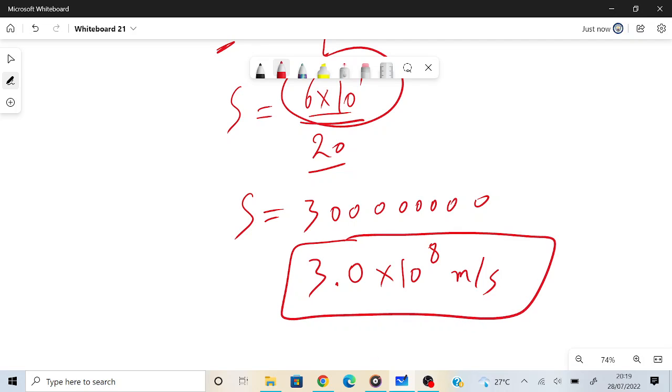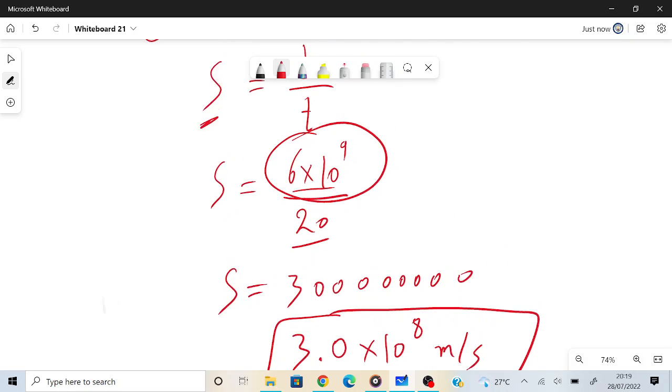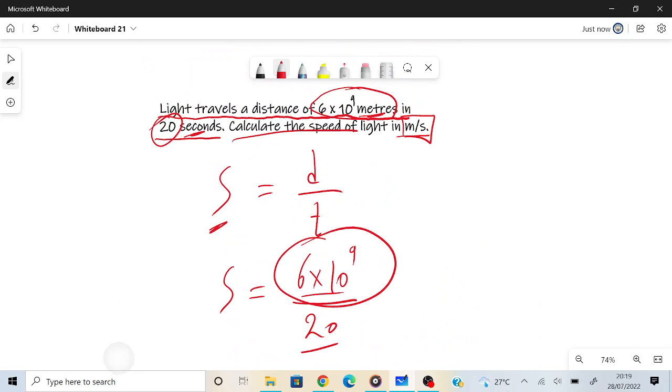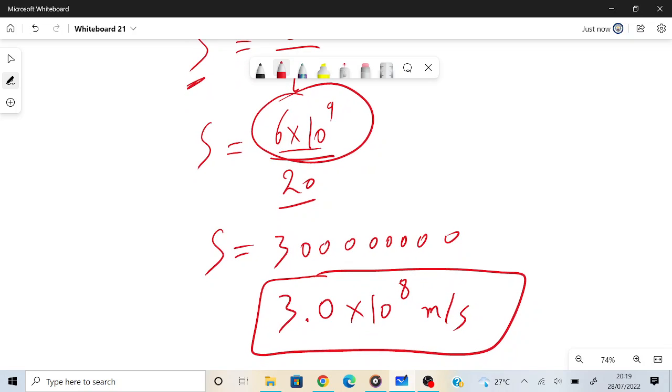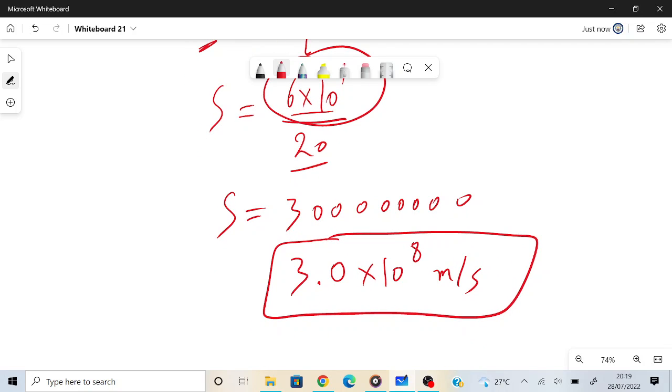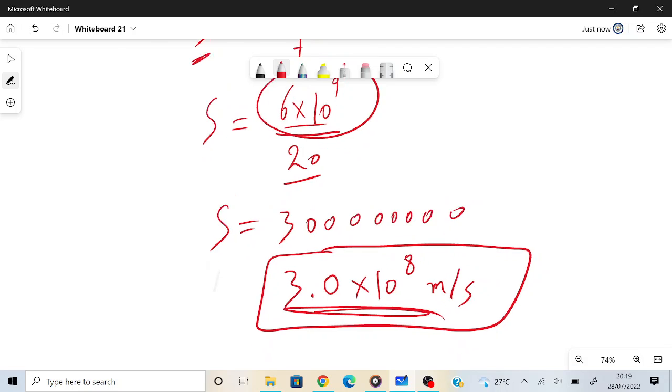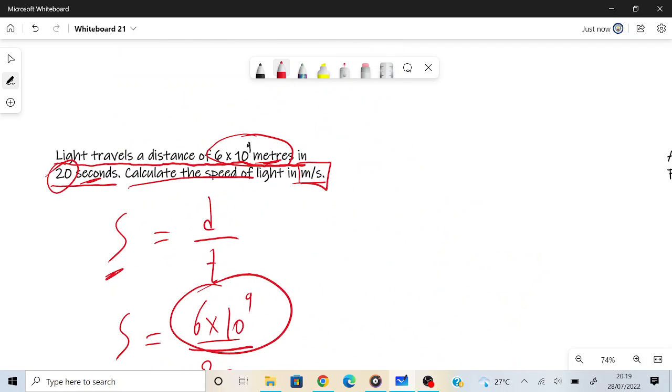Just confirm. 1 2 3 4 5 6. Yep. And if you are a physics student, you would know that 3.0 times 10 to the power of 8 is the speed of light. So that's another advantage you would have if you're a physics student. You would automatically know that this is the correct answer, or that the answer that you're meant to get would be somewhere near that. On to the next example.